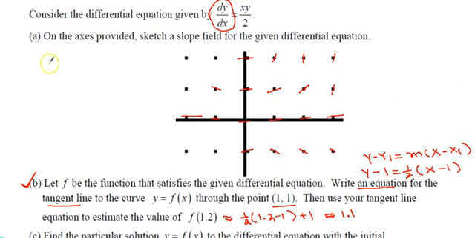So first thing is you need to know how to separate the variables. Multiply by dx. Now, how do you move this y to the other side? You have to separate the variables. That means you divide by y on both sides. So dy over y is x over 2 dx.